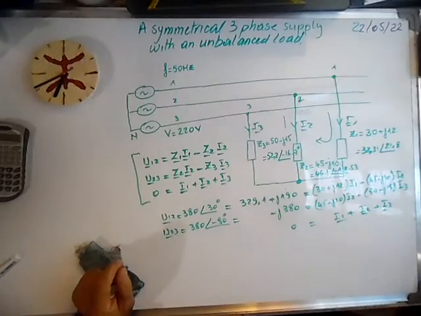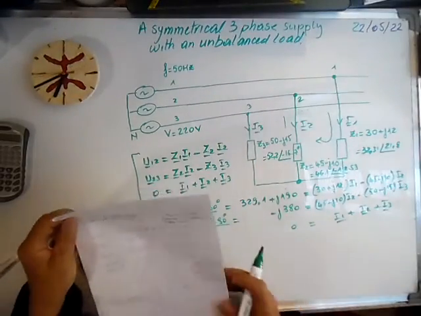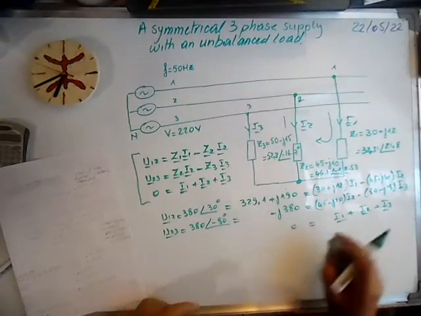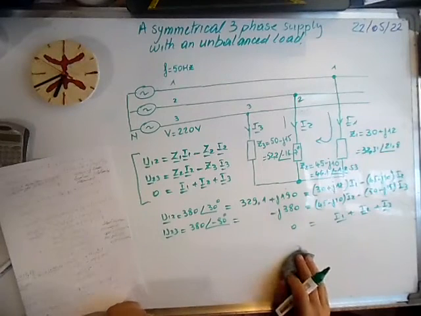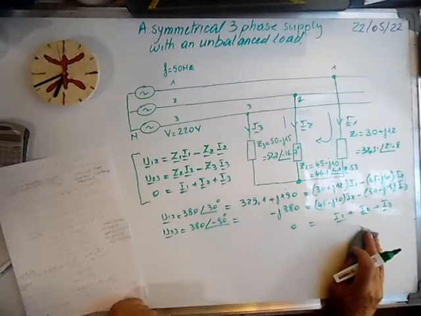So we can write it in this form. Okay, now we can replace all this and we obtain the system of linear equations, and the solution we do by determinants.